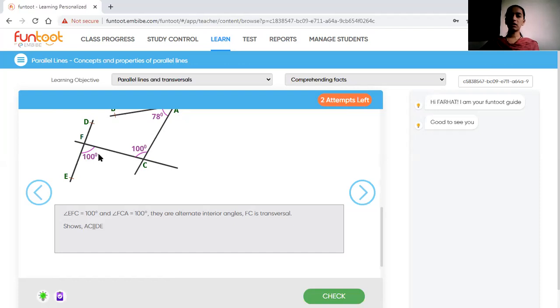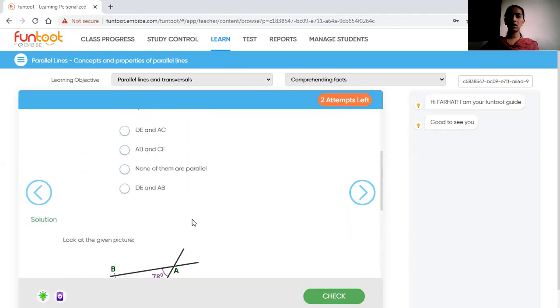They are alternate angles. Yes. So FC is a transversal to which lines? Yes, students, to AC and DE. So AC and DE will be parallel. So the first option is the correct one.